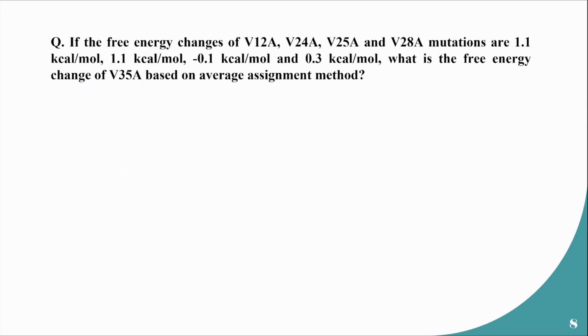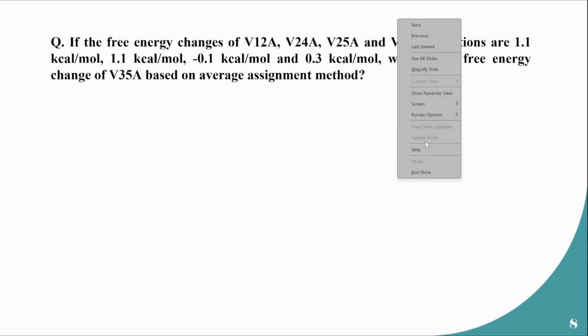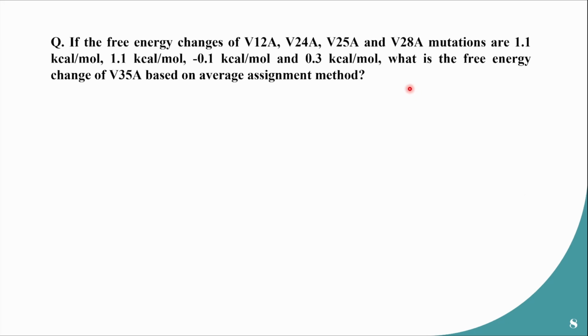Okay, so if we talk about some of the numeric questions that could be related to the concepts of stability, mutation, and so on, similar questions might also appear in your assignment. In this particular one, it is giving you 4 different mutations, which are all valine to alanine, but the valines are present at different positions.